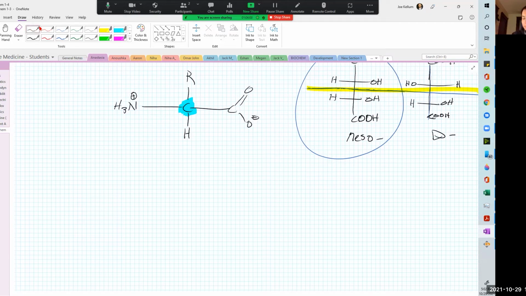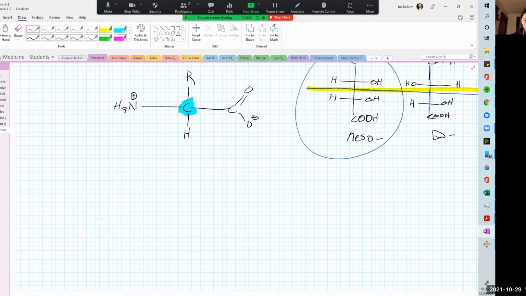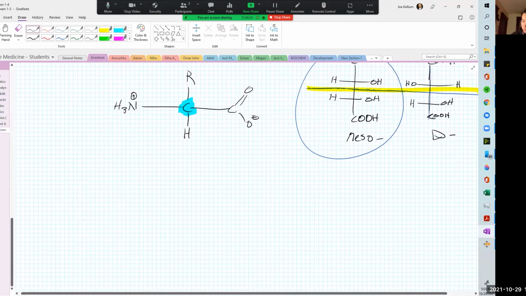But diastereomers, I think a really easy way of defining it is that they are molecules that have more than one chiral center, where not all of the chiral centers are opposite. And so, for instance, I'm just going to draw this molecule hypothetically speaking.